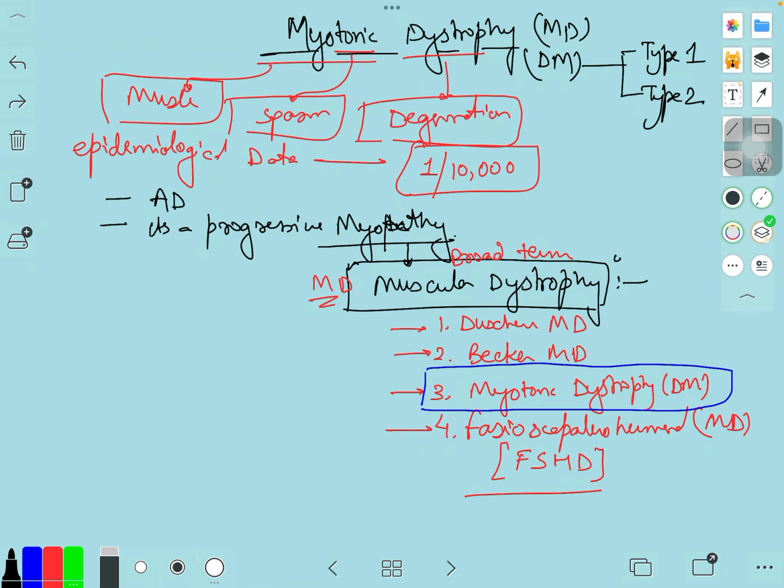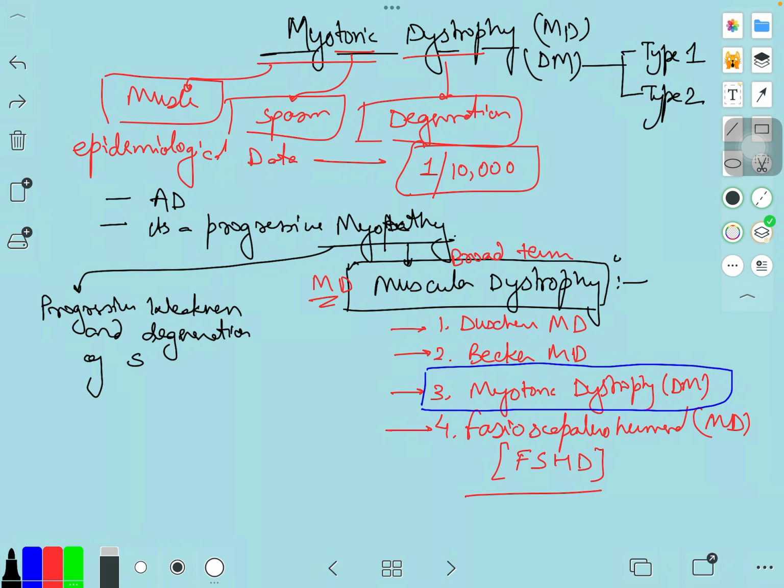Now, whenever we say myopathy, there will be a progressive weakness and degeneration of, most commonly, skeletal muscle, but other types of muscle can also be included in it.